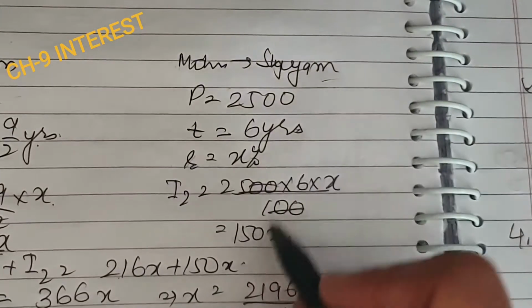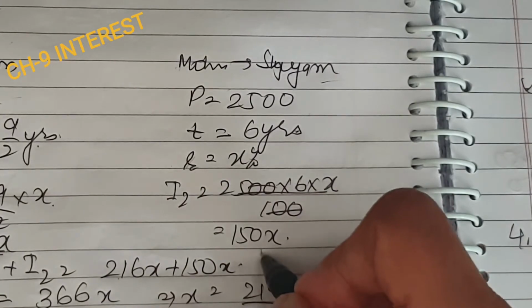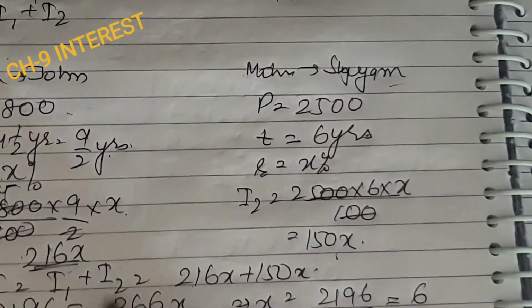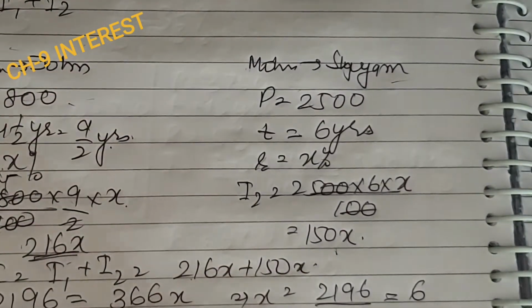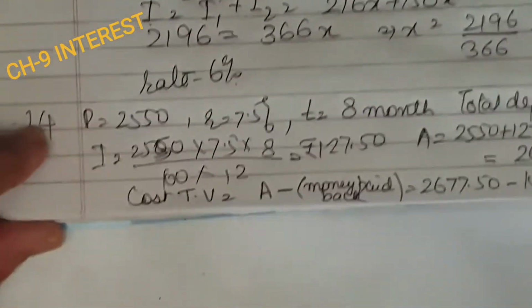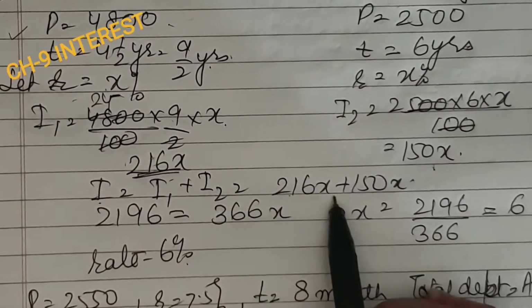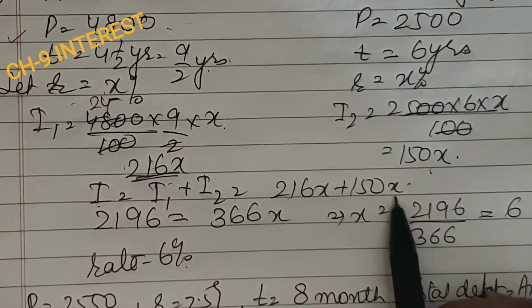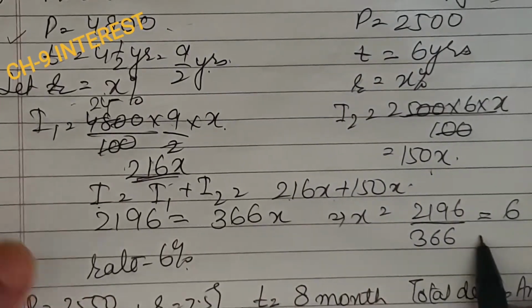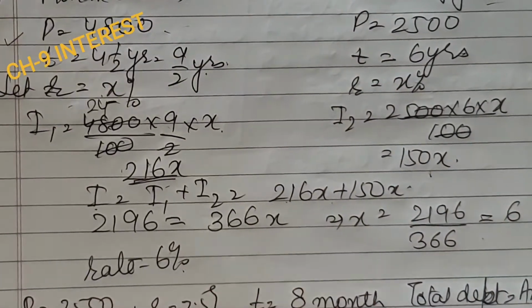Likewise I2 we have got in terms of 150x. We are given the total interest from the two is 2196. So we solve it for I equal to I1 plus I2, that is 216x plus 150x. That turns out to be solving it for x. So x is the rate %.